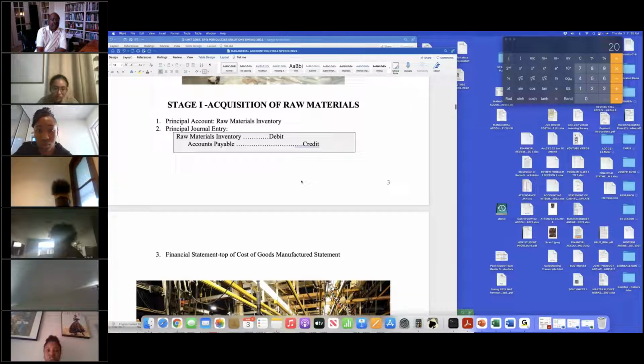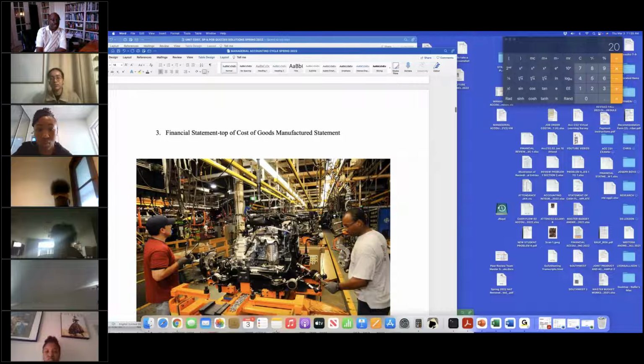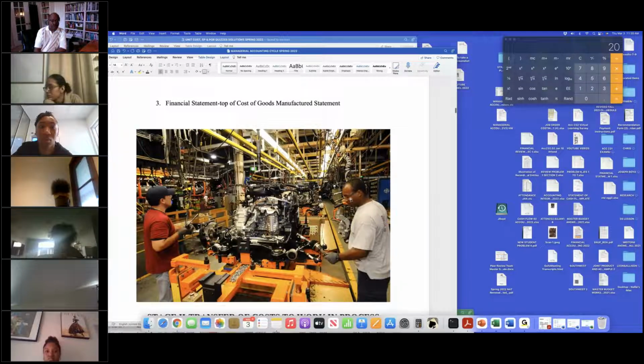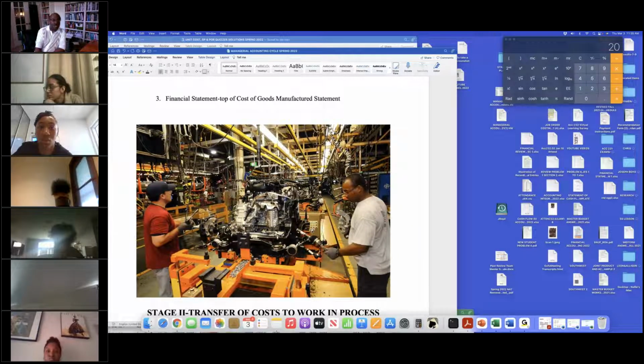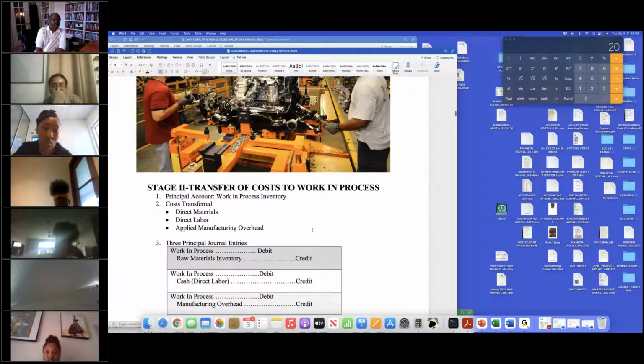In stage 2, we're making the product, and we've got 3 sets of journal entries. In the first journal entry, we debit work in process and credit raw materials. This is where we are bringing the raw materials from the warehouse to the production floor.